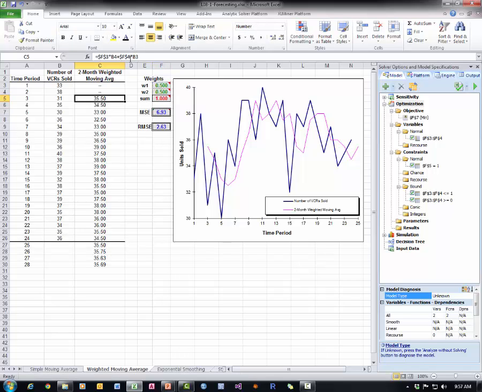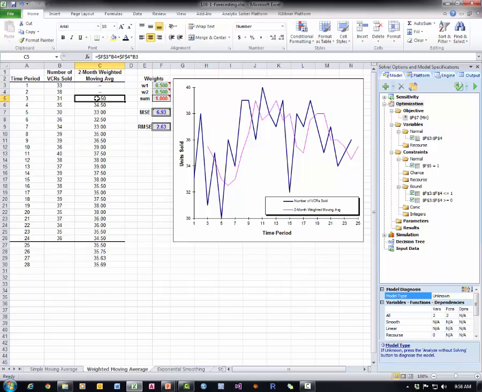So we have W1 times your previous time period plus W2 times the time period before. Each weight essentially talks about how many time periods it goes behind by.